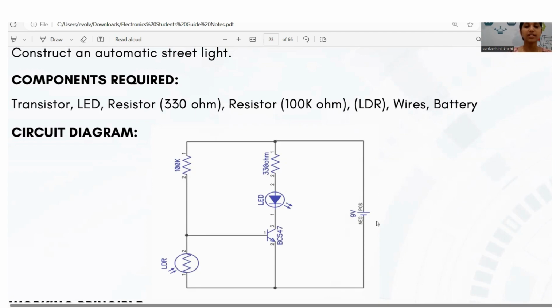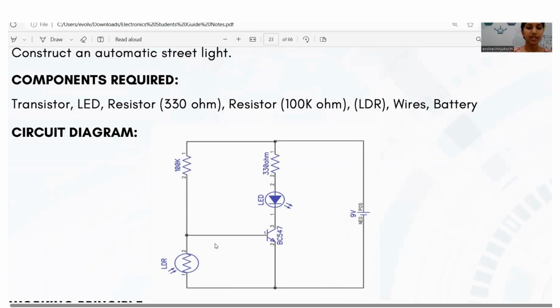Okay, so let me discuss the connections of this circuit diagram. This is the base of the transistor. Here there are three numbers: 1, 2, and 3. 1 is the base, 2 is the emitter, and 3 is the collector of the transistor.